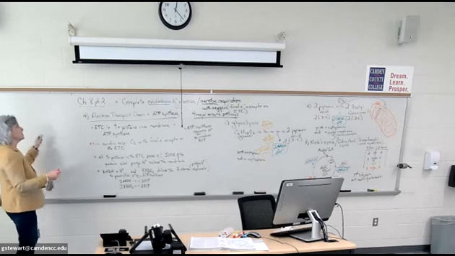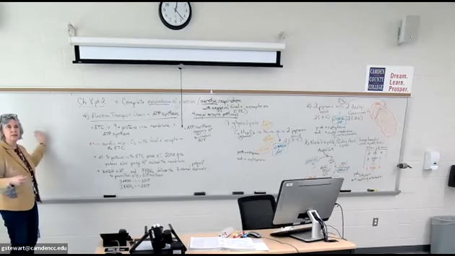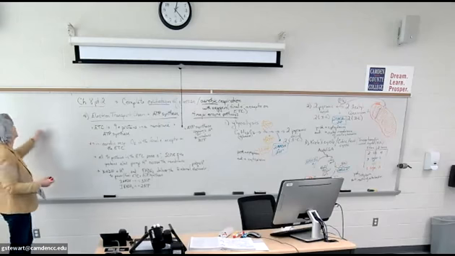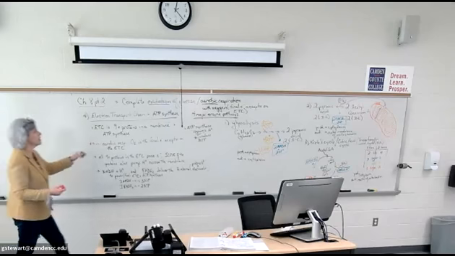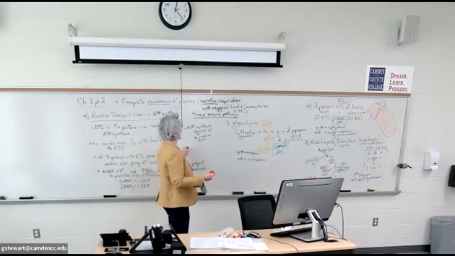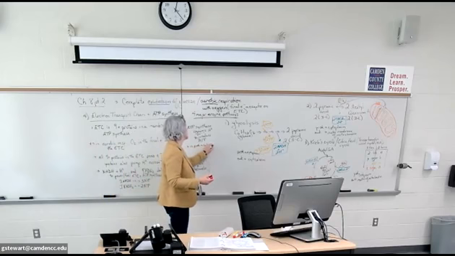Okay, so let's draw a little mock electron transport chain over here. Where in the cell, we'll just add that to our list. In prokaryotes, this is going to be in the cell membrane because it's the only membrane they have. And in eukaryotes, it's going to be in the inner membrane of the mitochondria.